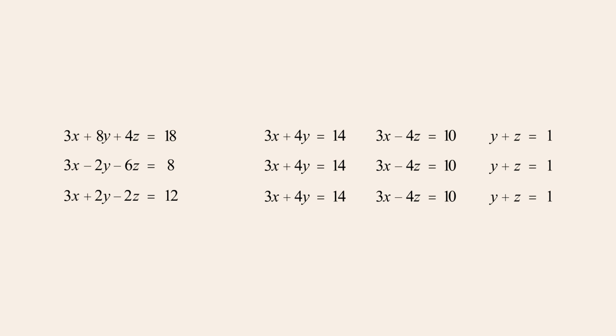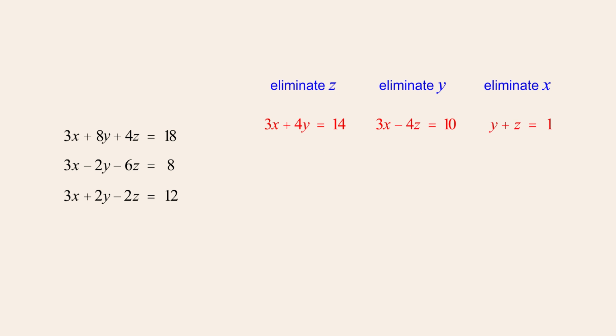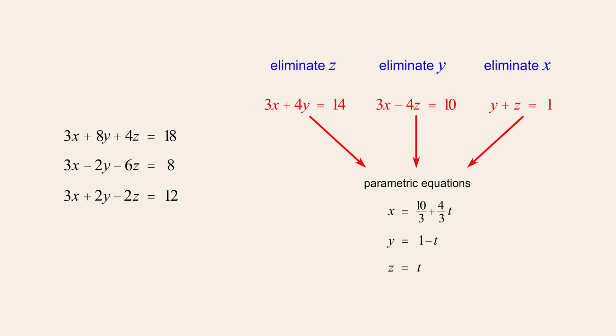So no matter which variable we eliminate, and no matter which pair of equations we use to eliminate that variable, we will always end up with 0 equals 0, indicating that the system has infinitely many solutions. But it turns out that even though eliminating different variables produces different equations, as long as we start out by setting z equal to t, the parametric equations will be the same.